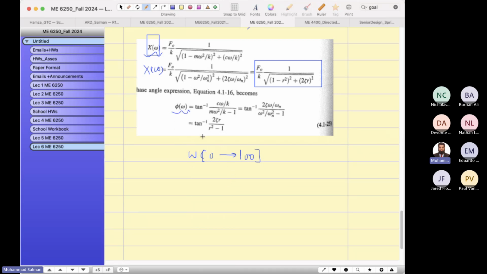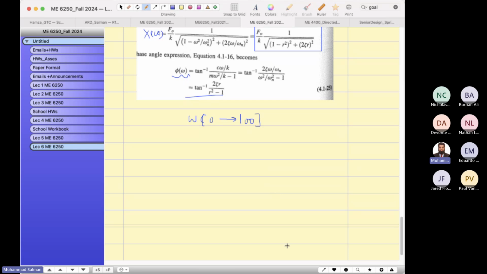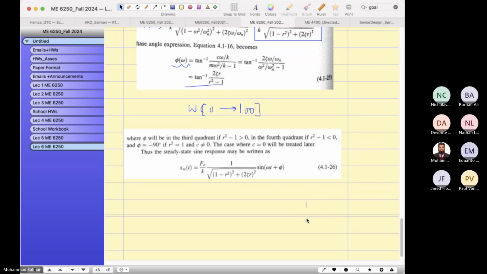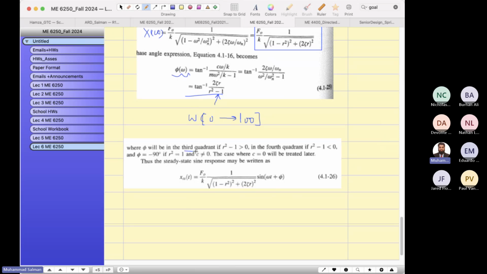And this is the phase angle, and this is the formula for that. So let me show you. What happens to the phase angle? If this is positive, this is in the third quadrant.